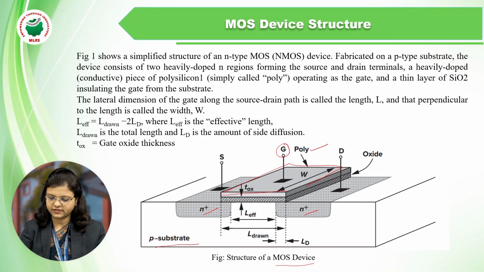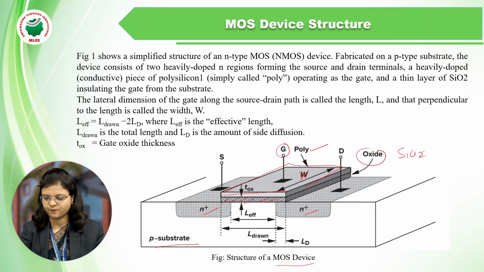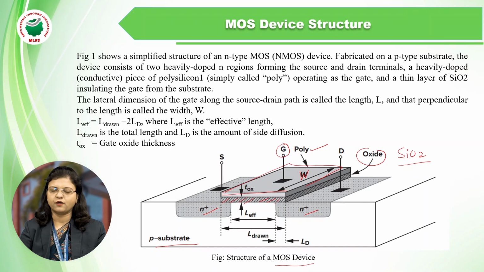Now here this is the width of the gate, which is represented as W. Now here we have an insulating layer, or we can call it an oxide. It is nothing but SiO2, silicon dioxide, which acts as a dielectric, or we can say an insulating layer. Then some part of the oxide layer and polysilicon is coming inside the drain and source.